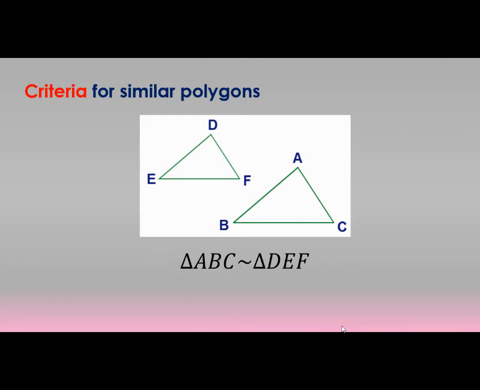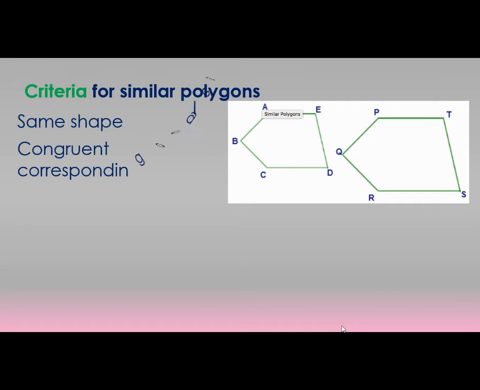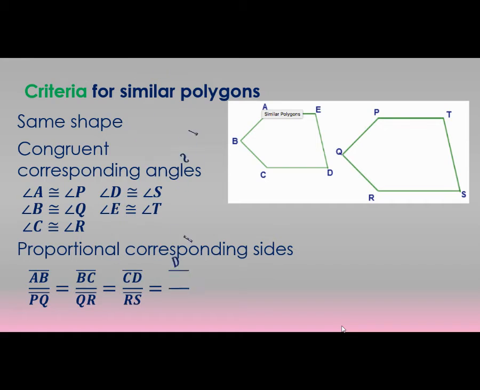Then in this case, triangle ABC is similar to triangle DEF because they have the same shape. When it comes to polygons, the same rule applies, that is, they should have the same shape and congruent corresponding angles. The angles must be the same, but the sides should be in the same proportion.